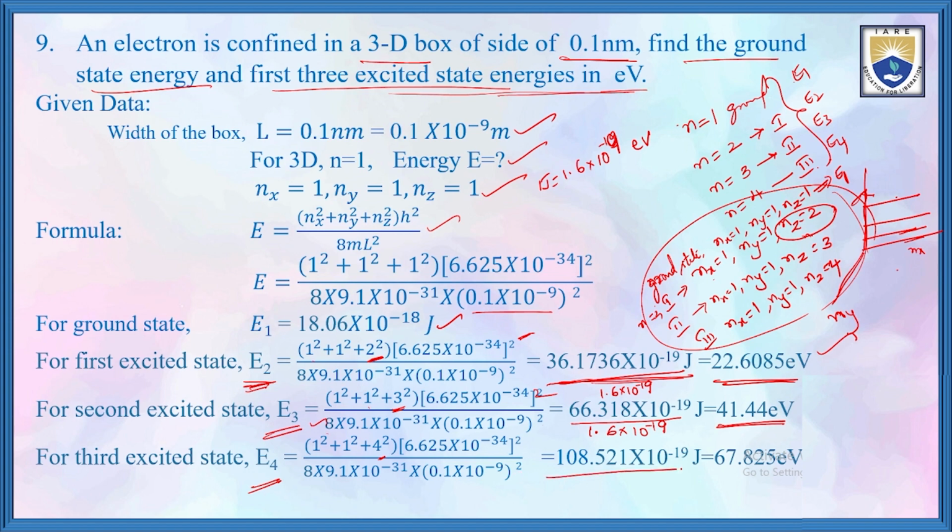So it is equal to 108.521 into 10 power minus 19 joule divided by 1.6 into 10 power minus 19, which gives 67.825 electron volts. So these are the energies, in electron volts, of an electron confined in a three-dimensional box.